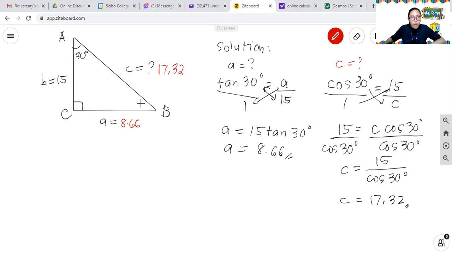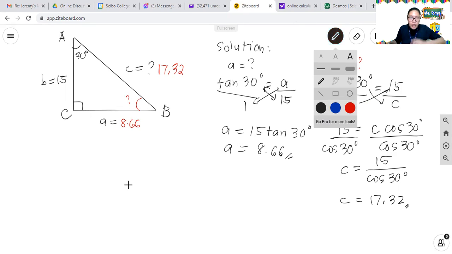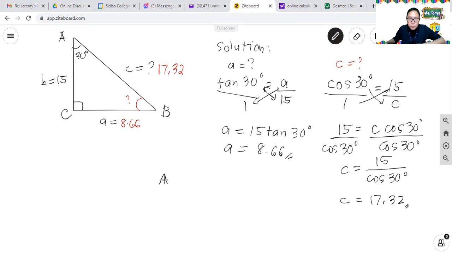So we only have one quantity left unknown, which is B. And as we mentioned, the sum of the acute angles of a right triangle is 90 degrees. So if the first acute angle is 30 degrees, in order for us to find angle B, we will use the principle A plus B is equal to 90 degrees.